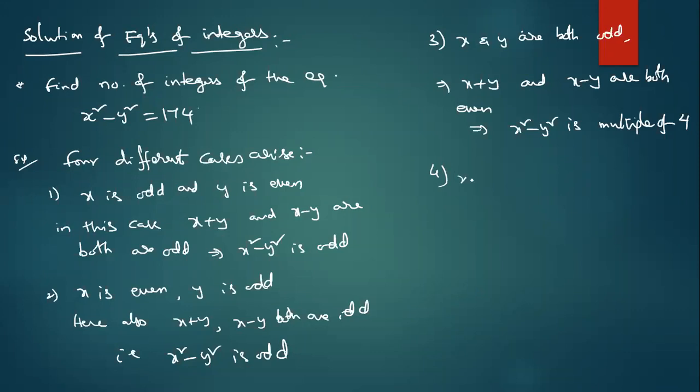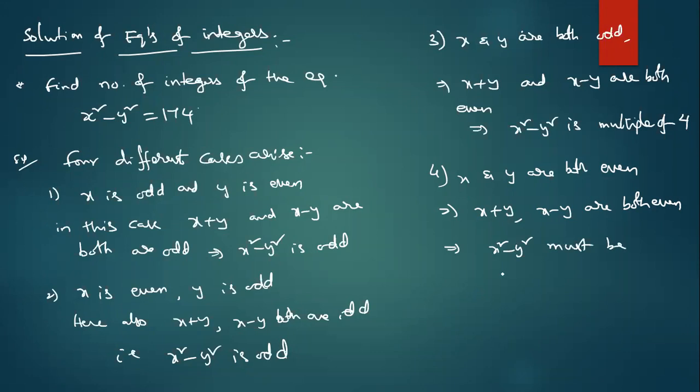Now, what is the final case? X and y are both even. Then x plus y and x minus y are both even. That means x square minus y square must be a multiple of 2 times a multiple of 2, so it must be a multiple of 4.